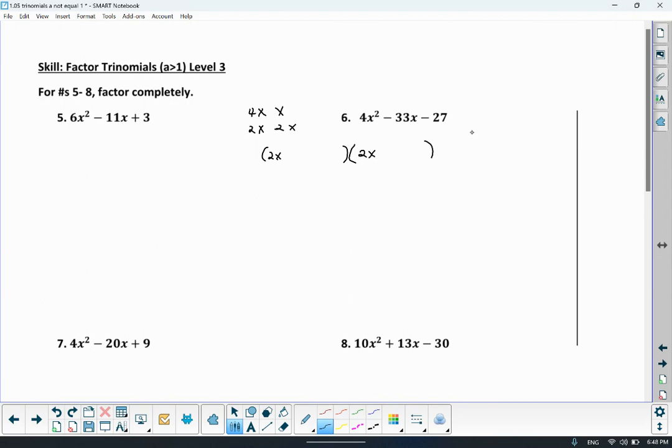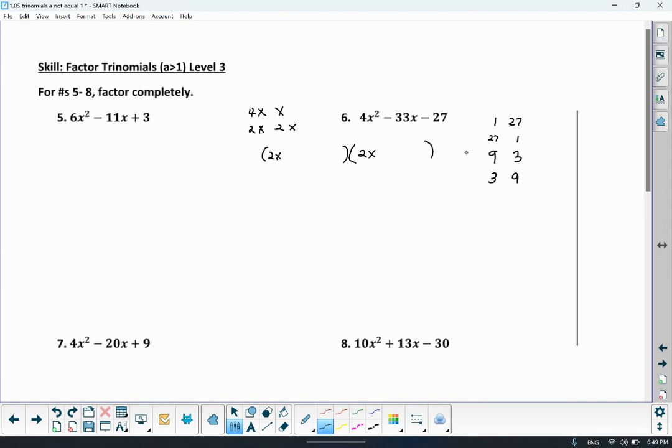To get to negative 27, it could be 1 and 27, 27 and 3. With the last term, you have to reverse the order: 27 and 1, 9 and 3, 3 and 9, and that's it.